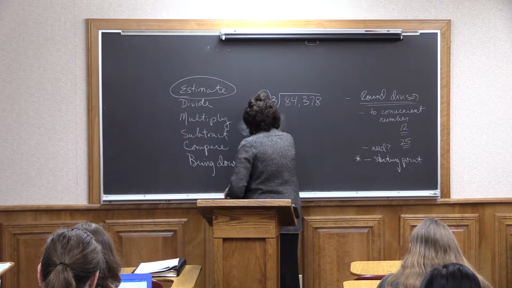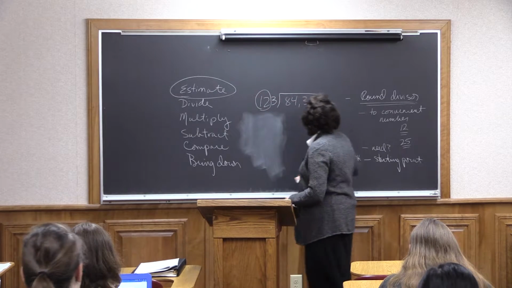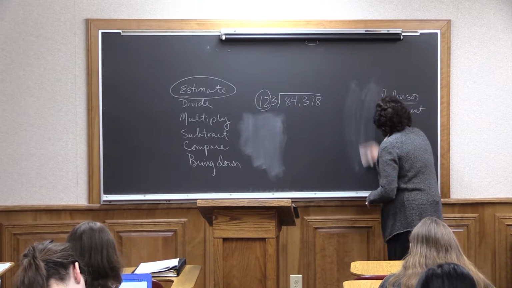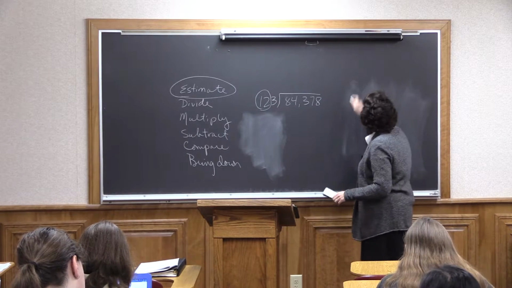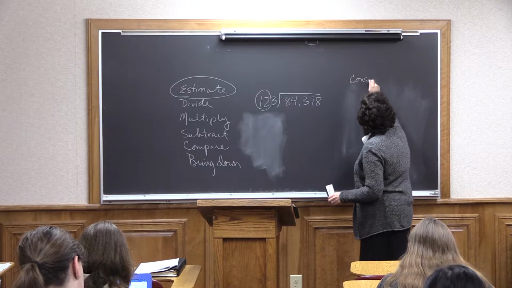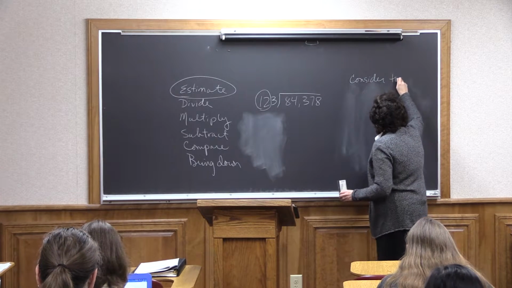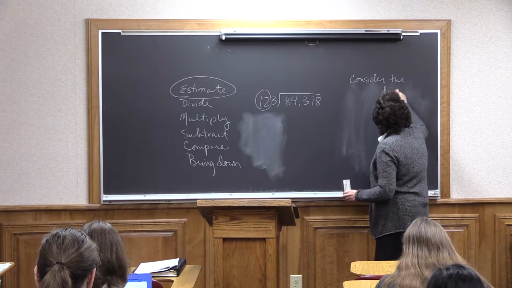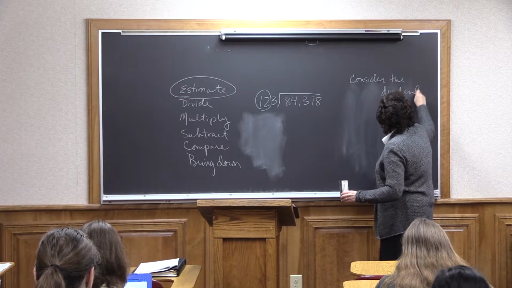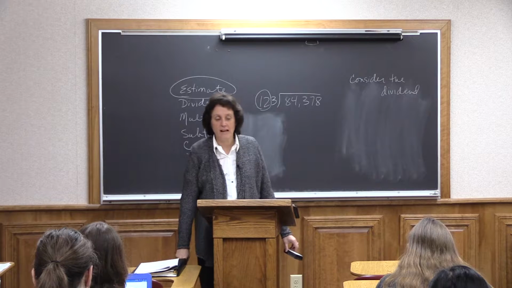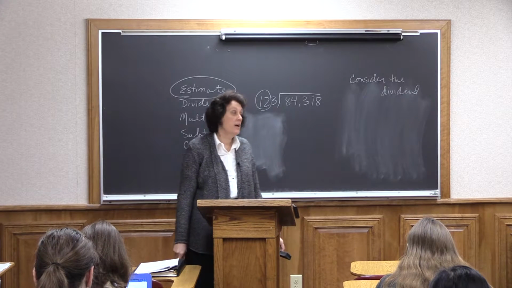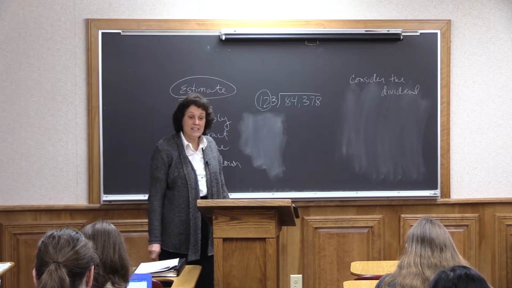Okay? The second strategy is to, yes, we're going to round. That's our starting point. The second strategy is to consider the dividend. We don't just want to blindly round our divisor and try it, see how it works. That's trial and error, too much trial and error. So I want to consider the dividend.